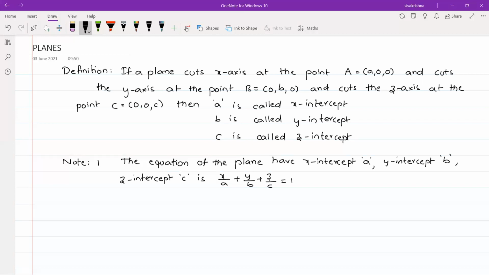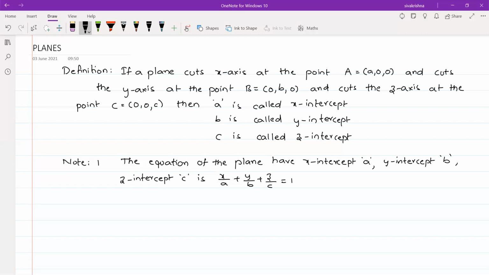Okay, so we call this the equation of the plane with x-intercept a, y-intercept b, z-intercept c. The values in the denominators a, b, c are called the x-intercept, y-intercept and z-intercept respectively.